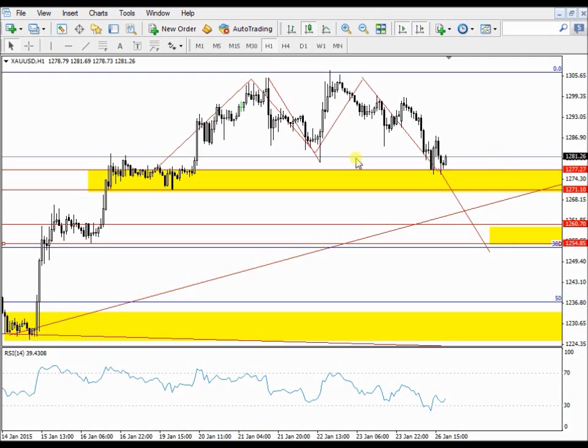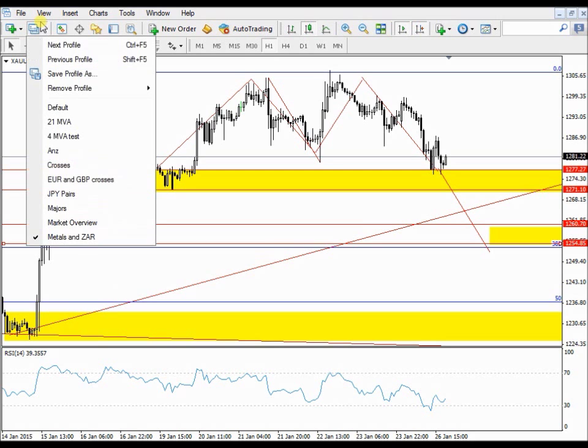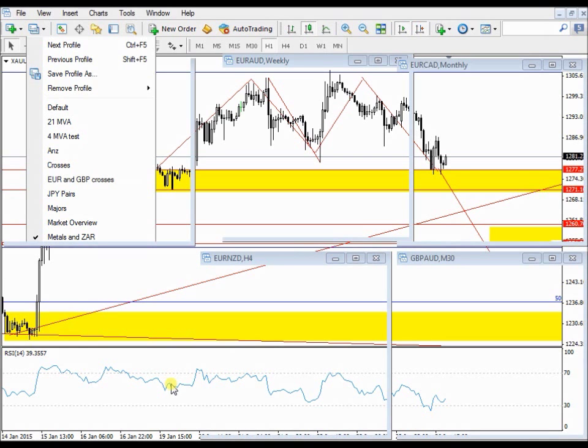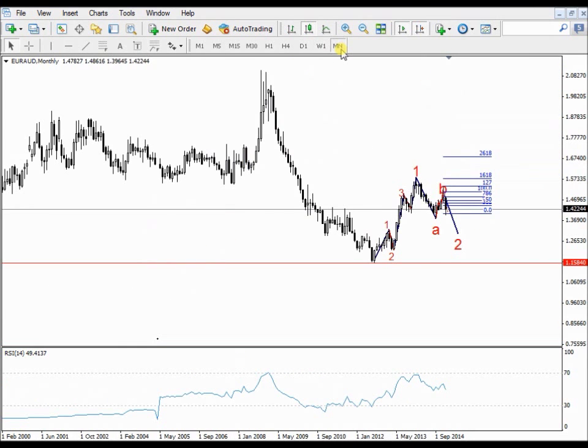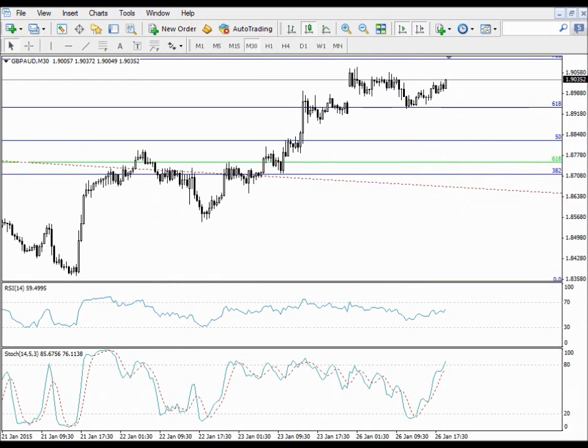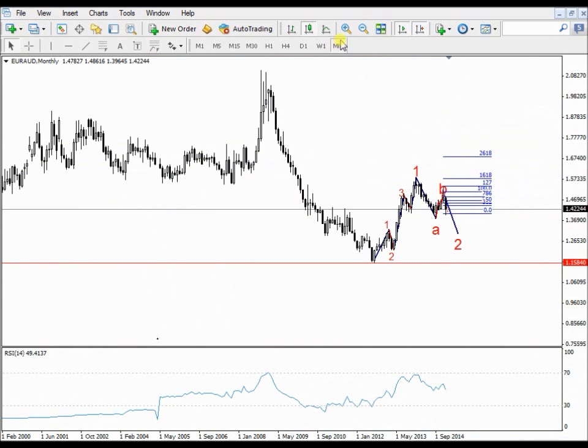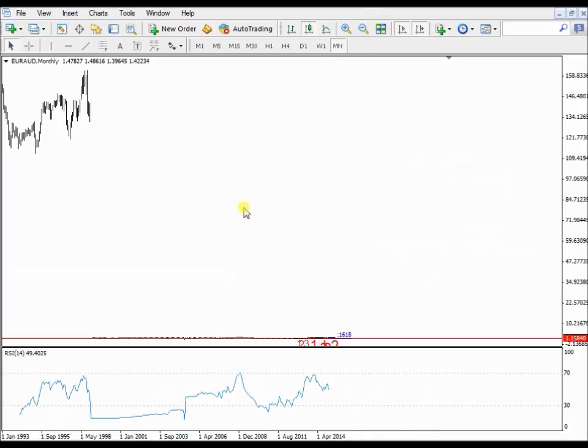Let me show you what supply and demand levels look like, Ian. There's a lot. I've got one chart here that's not working nicely, so I'm going to use that as an example.